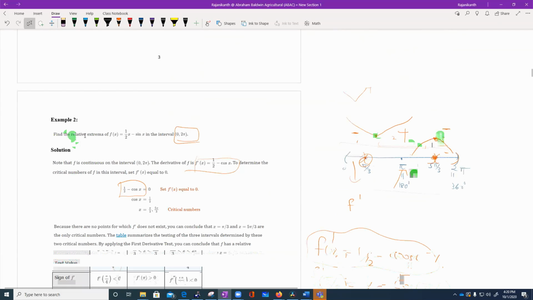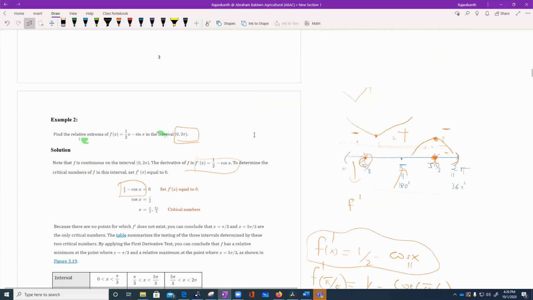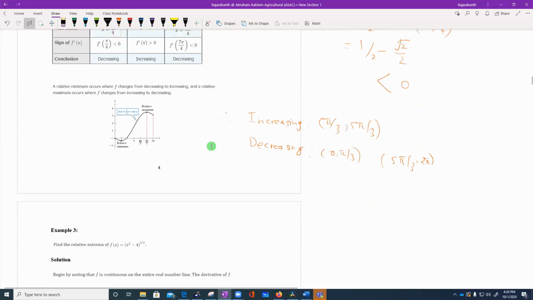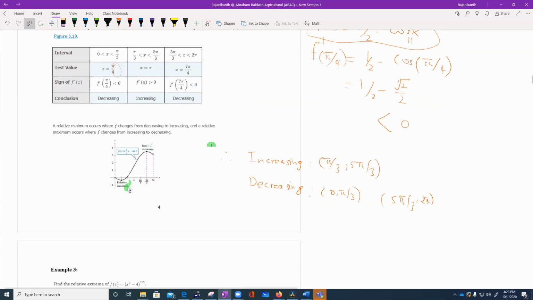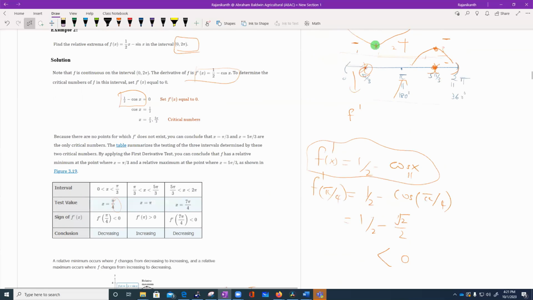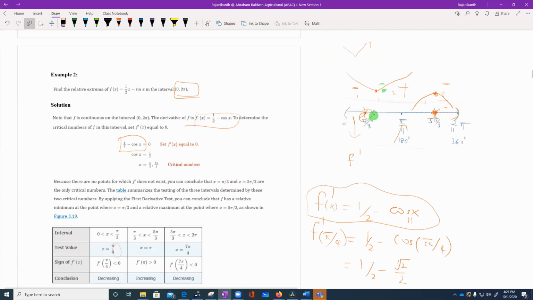They are asking you to find what kind of extreme point you will have. Okay. Therefore, my answer is what? You have to write in a clear way. So we know now that at this critical point, the function is having a minimum.